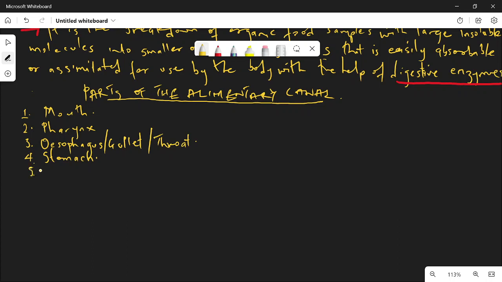Number five, we have the small intestine, or the ileum. It can also be called the cecum. Number six, we have the appendix.